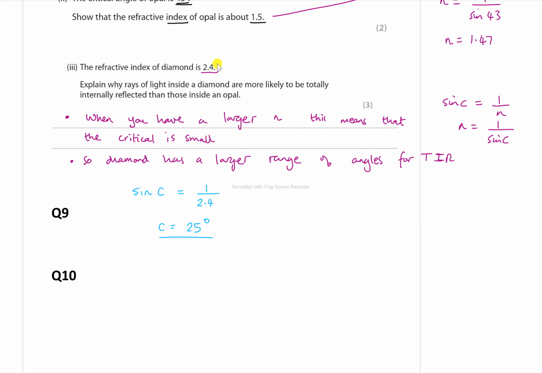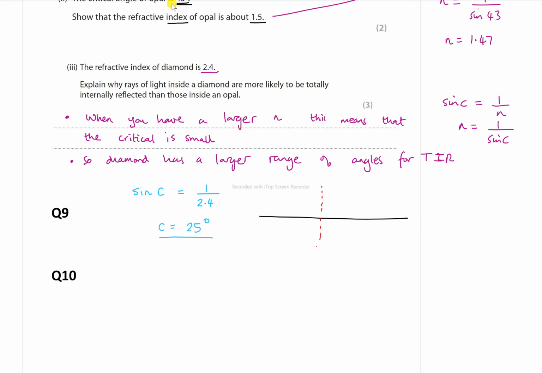Right, let's try this again. There's the boundary, there's the normal.